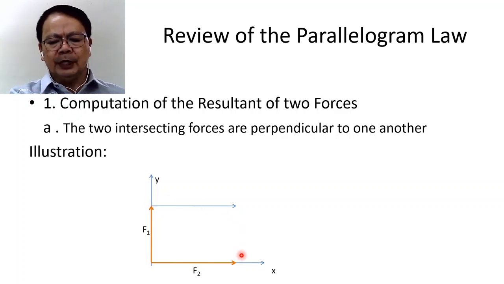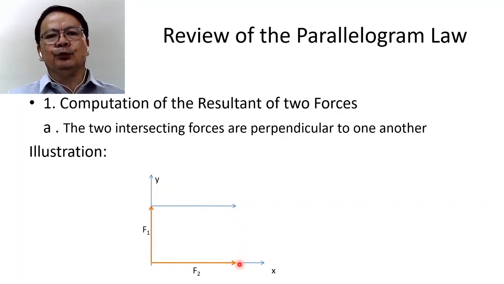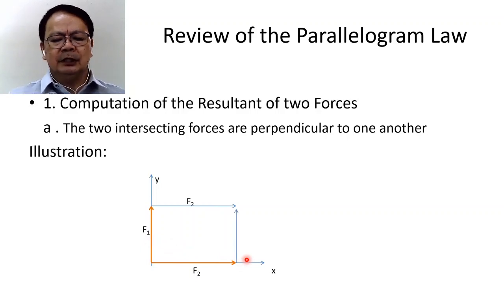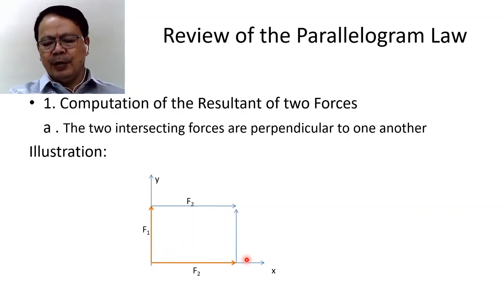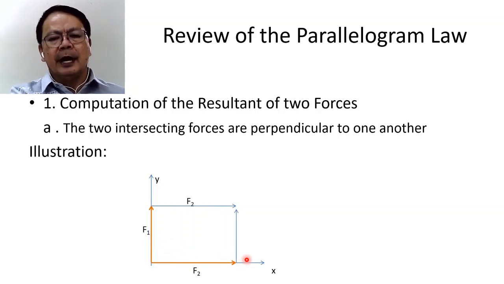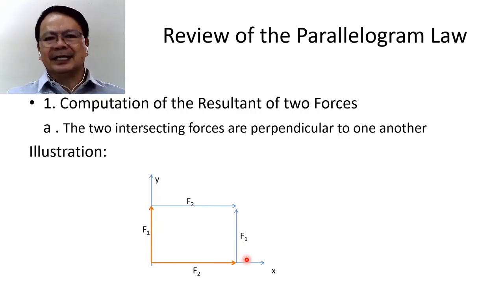Afterwards, we look at the tip of F2, and by drawing a force parallel to F1, we shall have these forces. And now we have a parallelogram whose sides represent the magnitudes of the two given intersecting forces.